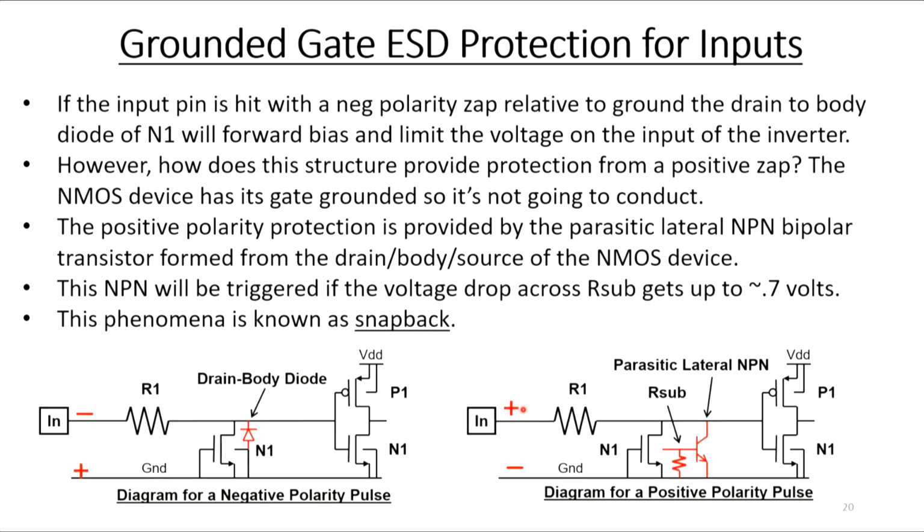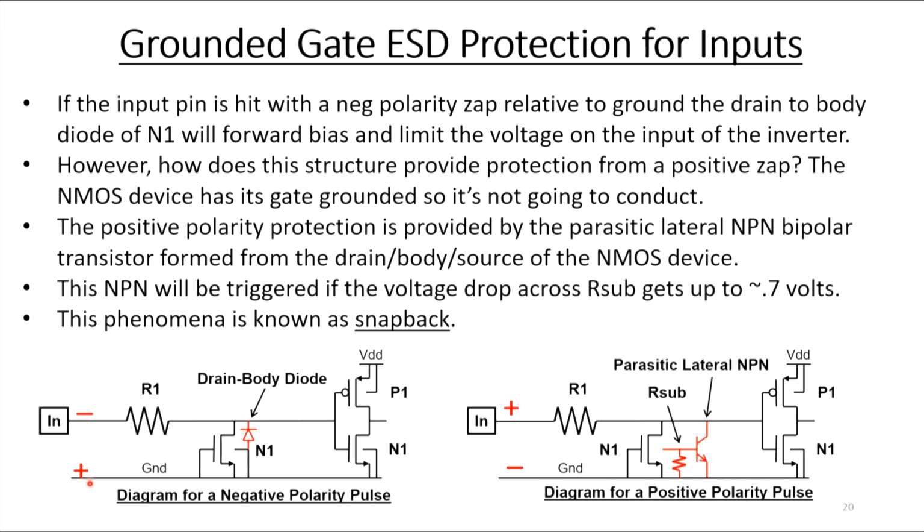So if the input gets hit with a negative polarity zap, I'm showing that on the left here, the negative zap relative to ground, the drain to body diode of N1 here will forward bias and limit the voltage on the input of the inverter. That drain to body diode's there all the time. Normally we don't draw them in. I just drew it in here to make it simple to see. So this diode forward biases and protects the gate oxide.